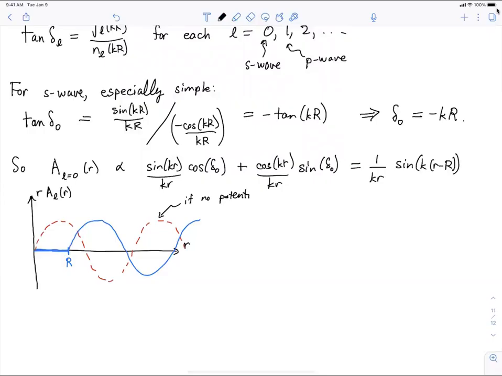That's what it would have been if there were no potential. And the blue line is the actual scattered wave function for that spherical wave. Okay, and so it's because it's forced to be 0 where the impenetrable sphere is, it just gets shifted out by a distance k times r.